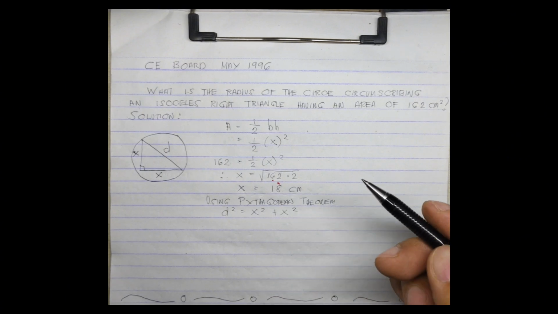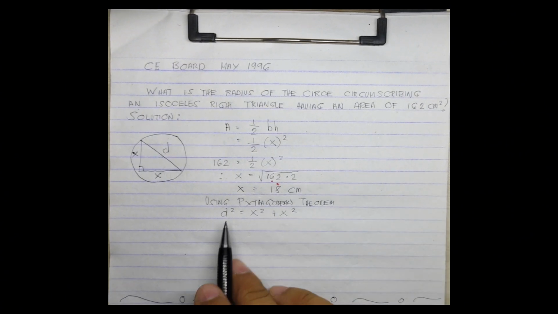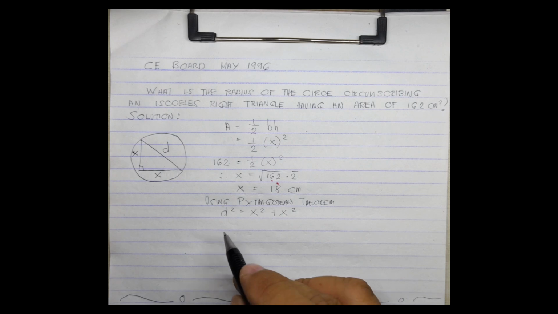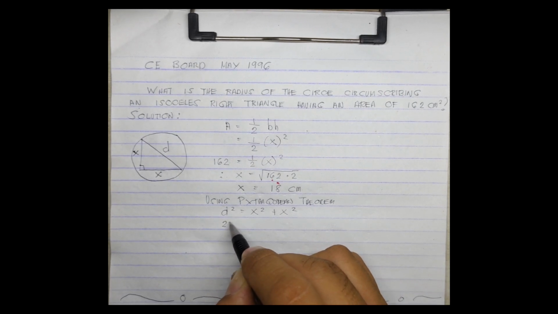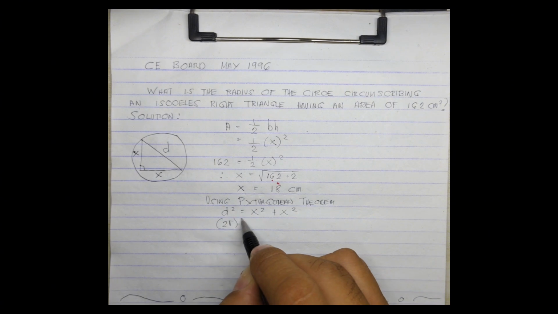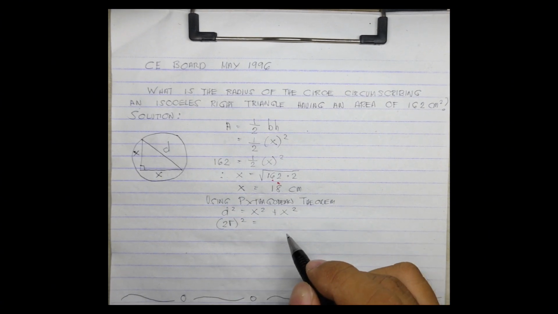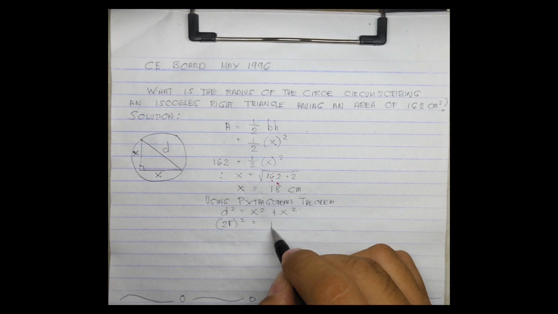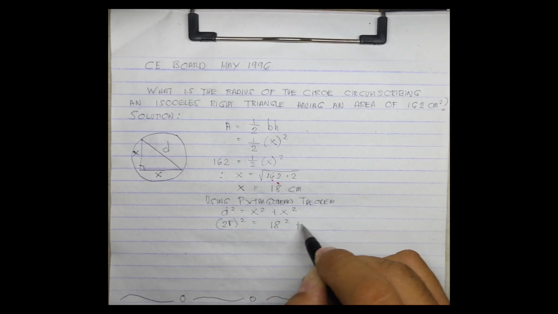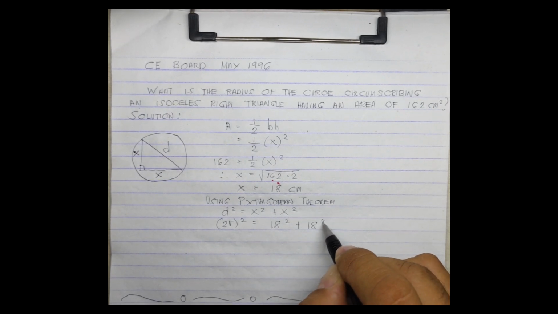Okay. So d squared is equivalent to 2r squared is equal to x squared plus x squared. So x squared is 18 squared plus 18 squared. Okay.